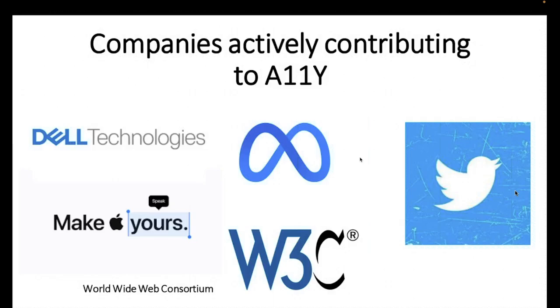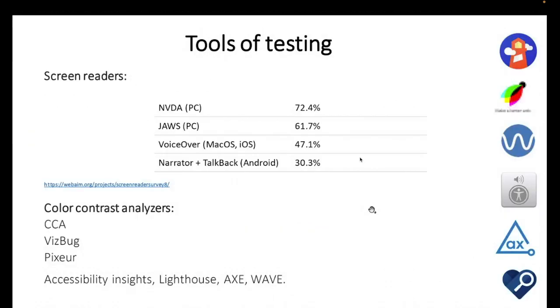I just want to say this is not so difficult. Okay, Apple makes life better. Dell, the Meta company, X, and the World Wide Web Consortium. This is the major organizational institution that creates the different rules for the web and for the other accessibility areas.